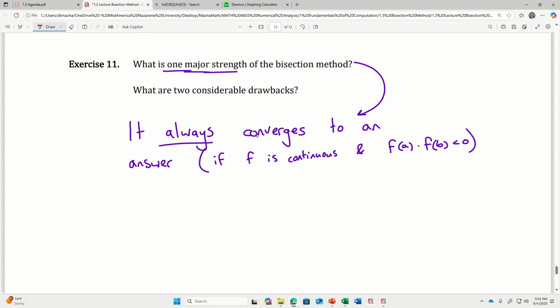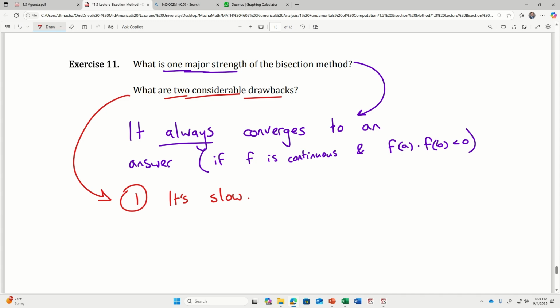We're going to talk about this a lot more in the coming lectures, but what are two considerable drawbacks? Well, number one, it's slow compared to other iterative methods we're going to talk about. Bisection method is going to converge slower. It's going to take more iterations than other methods will.